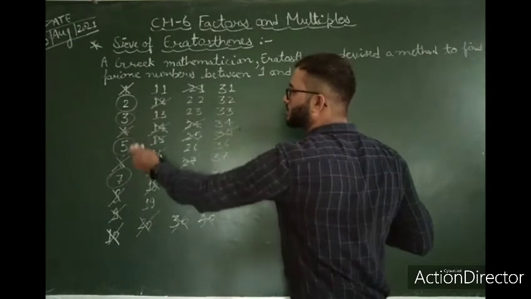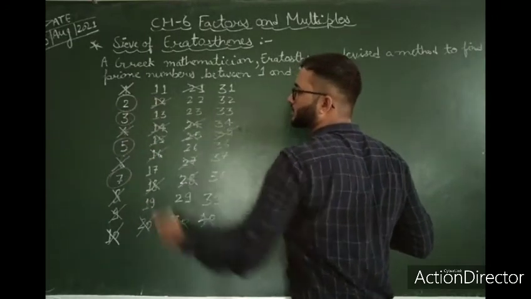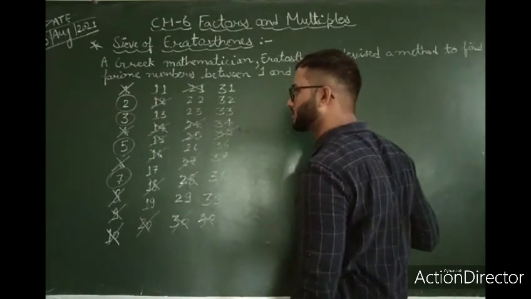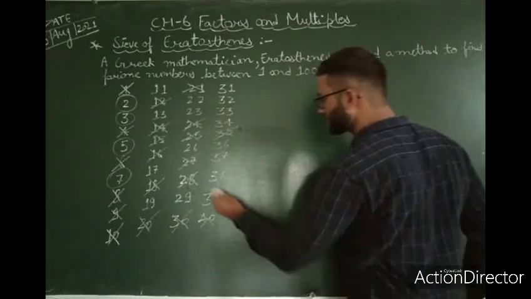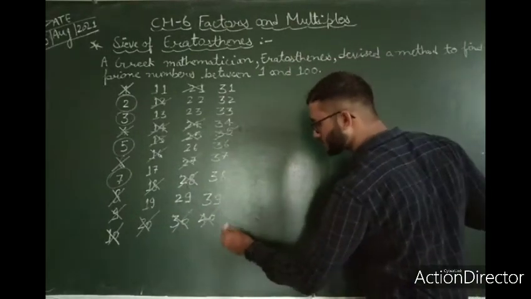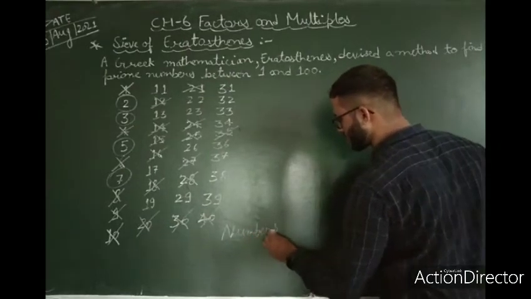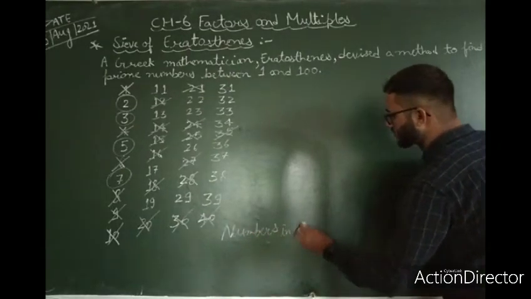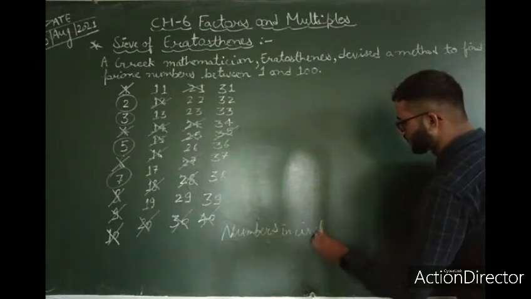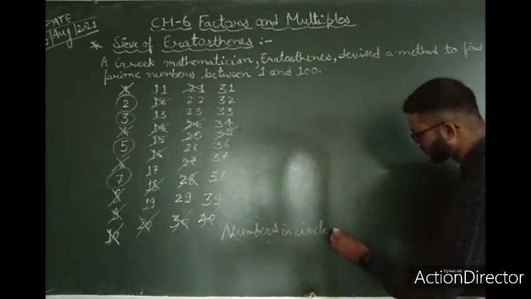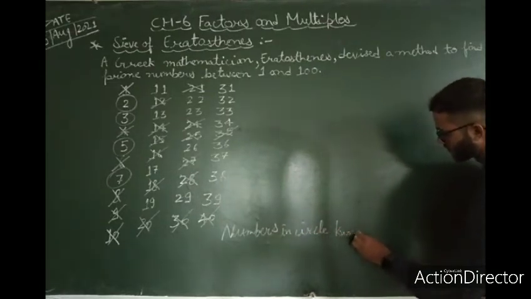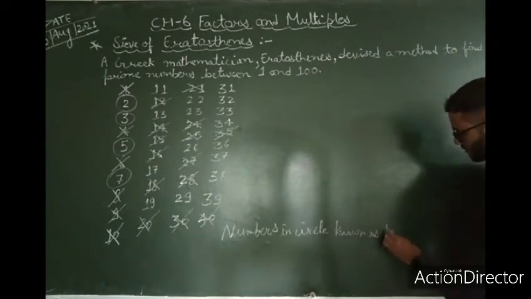So numbers in a circle are known as prime numbers. Yes, numbers in a circle are known as prime numbers.